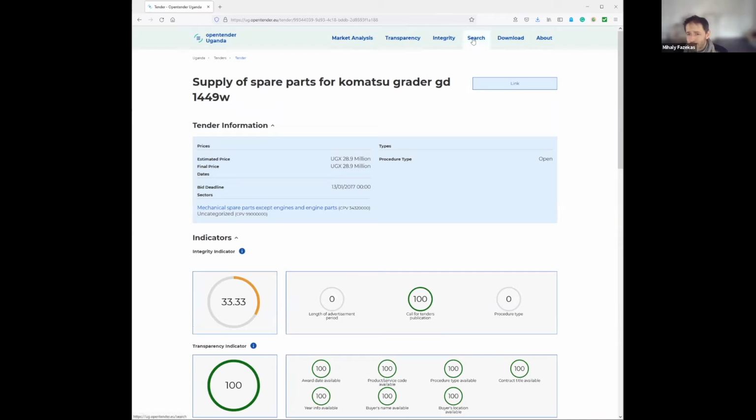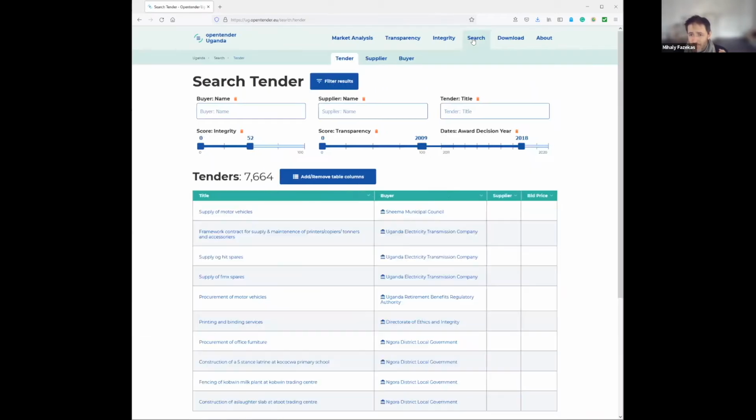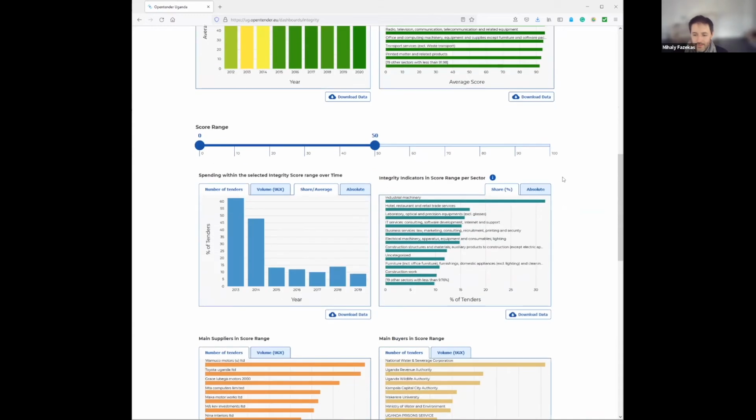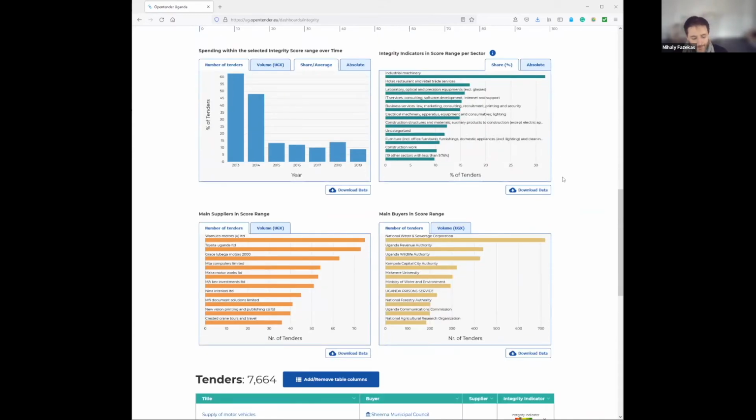Let me finish off by saying that we offer a complex search option, and you can also enter the data not through the market analysis, but through the integrity profile of the country, and then select entities following the integrity scores you are interested in.